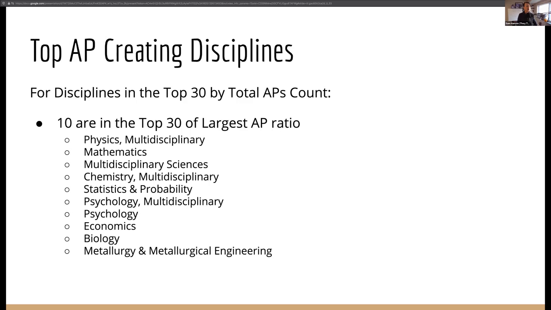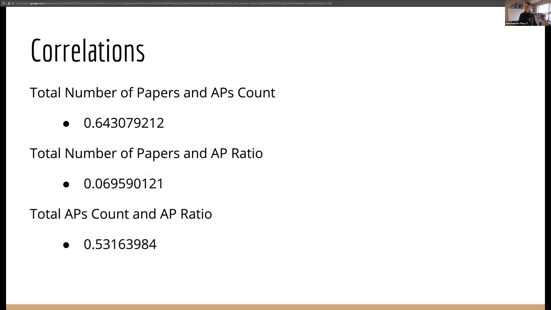And so next up, I have some correlations between these data sets. We do have a semi-decent positive correlation between number of papers and the raw count of Awoken papers at 0.64. There is effectively no correlation between the total number of papers and the ratio.